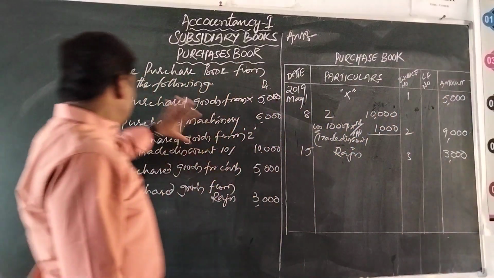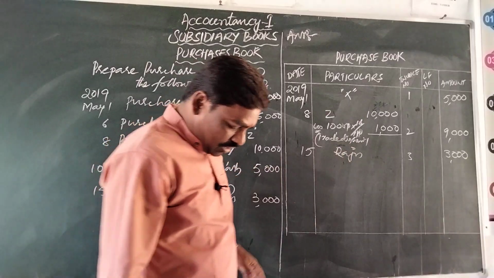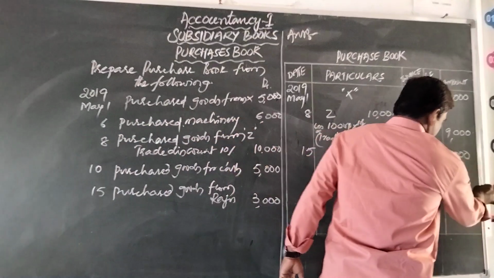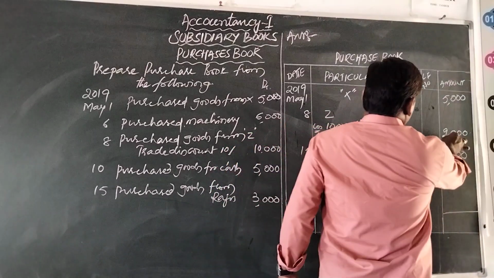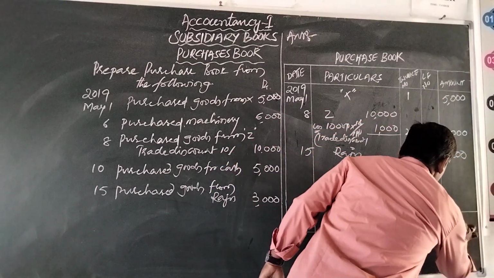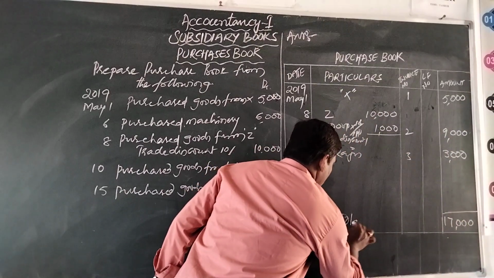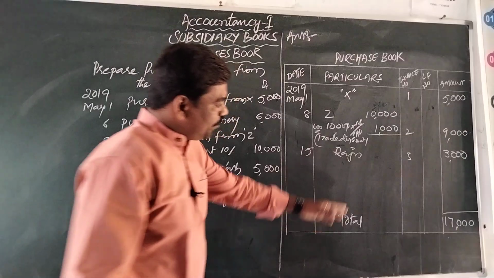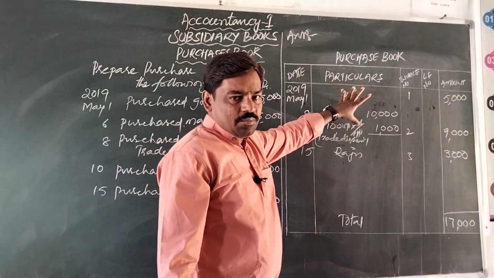Okay, so we completed all transactions and recorded them in the purchase book. After recording all the transactions in the purchase book, now you can calculate the total. 12,000 plus 5,000, total 17,000. Here you can write total. So total rupees 17,000. Like this you can prepare the purchase book.